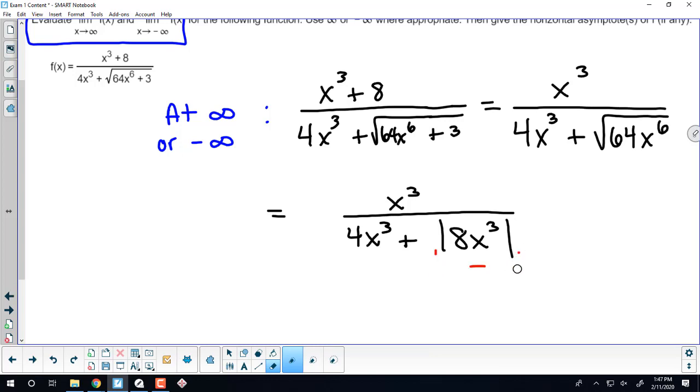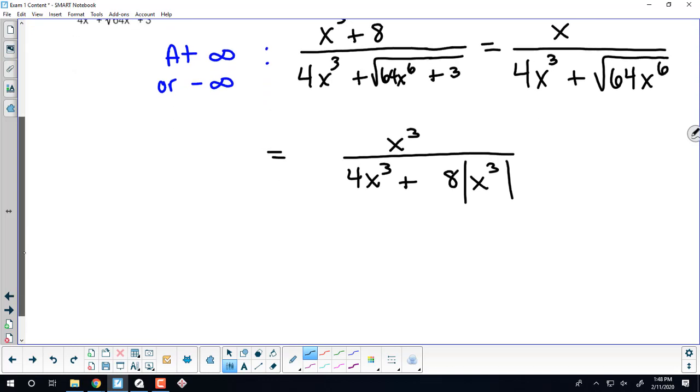We don't need the absolute value around the 8, just the x cubed, because 8's always positive. So we have 8 times the absolute value of x cubed. And so now how we simplify the absolute value of x cubed really depends on where we're at. But is everybody okay with that? Are there any questions?